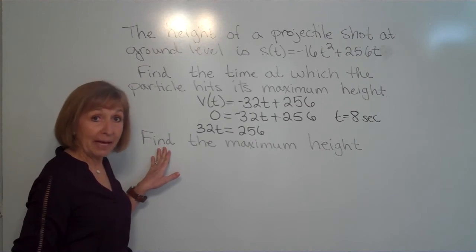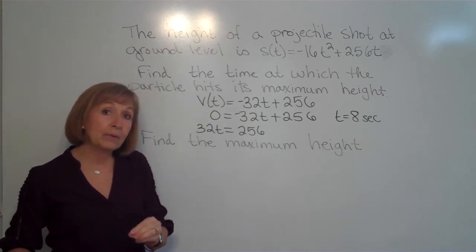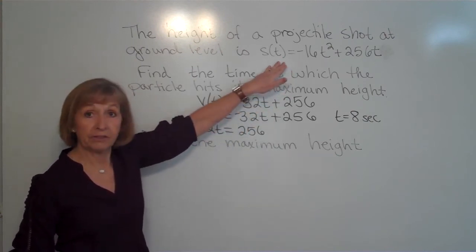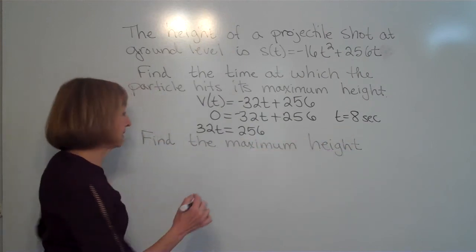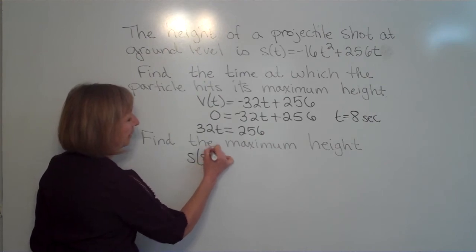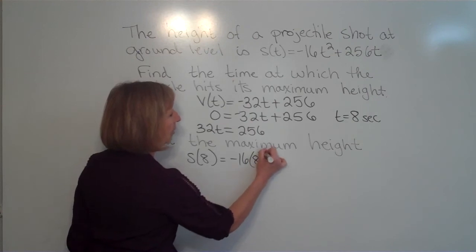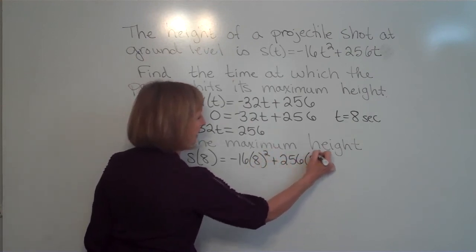Now find the maximum height. To find the maximum height, I want to take the time at which it hit its maximum height and run that through the position function. So this first part, we found the time is 8 seconds. So we will have our position function evaluated at 8. It gives me negative 16 times 8 squared plus 256 times 8.